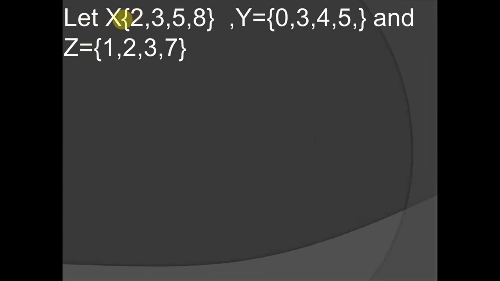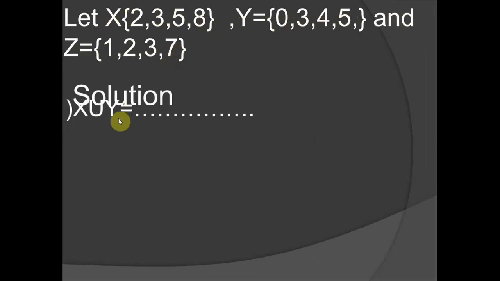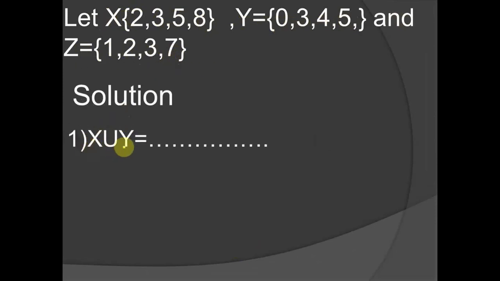Let X be the set {2, 3, 5, 8}, Y = {0, 3, 4, 5}, and Z = {1, 2, 3, 7}. Then find number 1, X union Y. X union Y is all elements between X and Y. Then we write 2, 3, 5, 8.